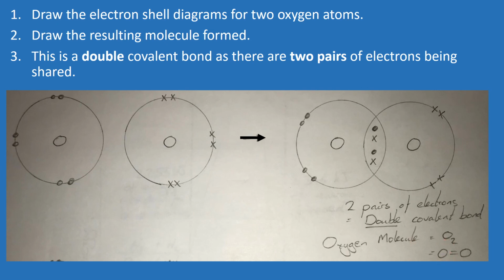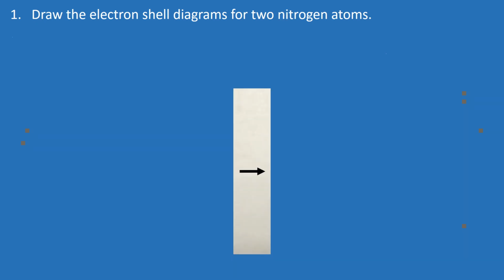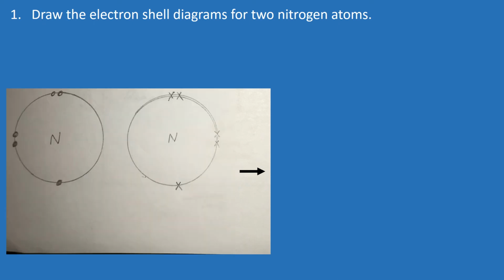Right, so let's apply this for 2 nitrogen atoms. First job is to draw the electron shell diagrams for 2 nitrogen atoms first of all. So you should have something that looks a little bit like this, and note, first point is that we have our 5 electrons in the outer shell because nitrogen is in group 5.